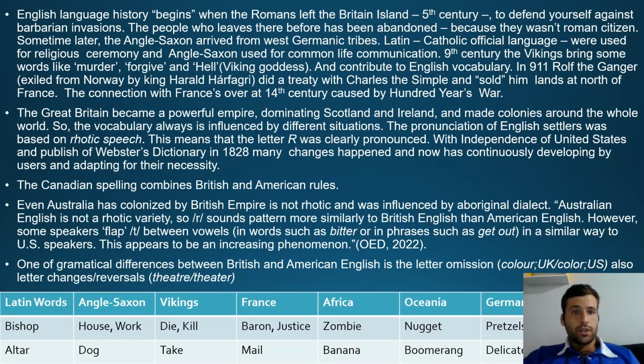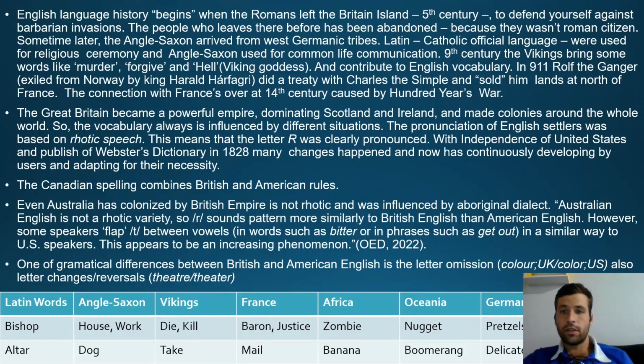The English language history begins when the Romans left the island of Britain in the 5th century to defend themselves against barbarian invasions. The people who lived there before were abandoned because they weren't Roman citizens. Sometime later, the Anglo-Saxons arrived from West German tribes. Latin, the Catholic official language, was used for religious ceremony, and Anglo-Saxon was used for common life communication.